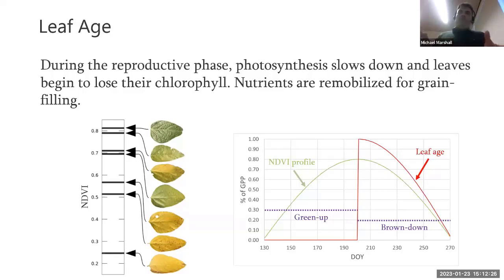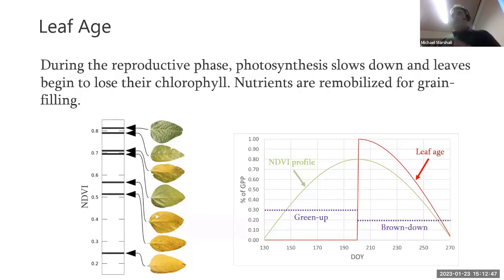And so photosynthesis tends to decline as the season progresses after the reproductive phase. Everything before that is all the energy is being put into making those organs, right? And so, NDVI, it's not perfect, but usually around maximum NDVI is when the reproductive phase happens.